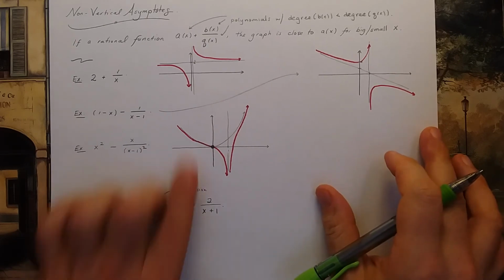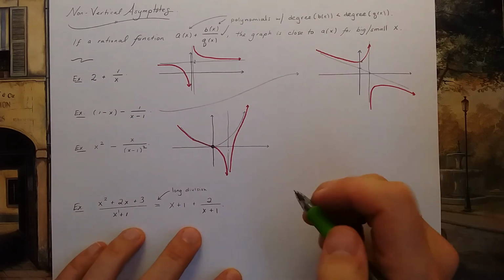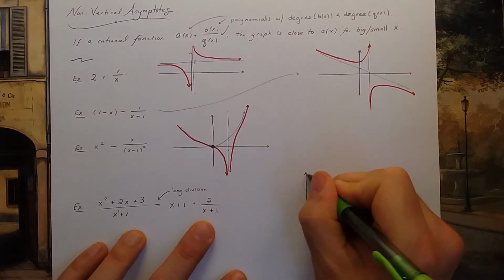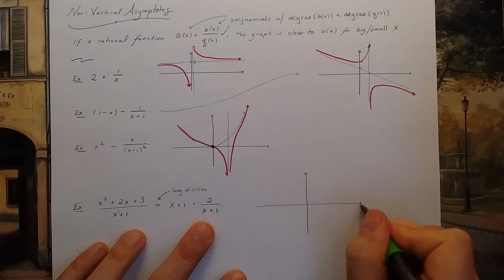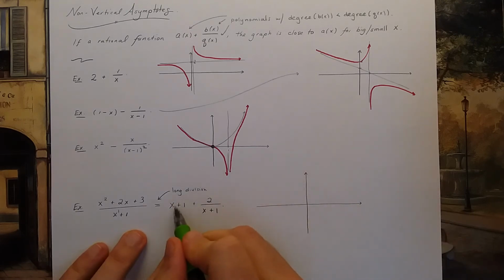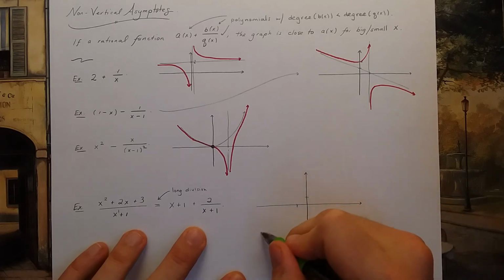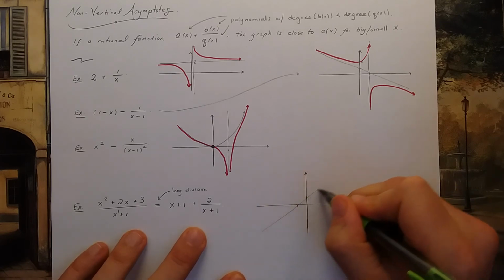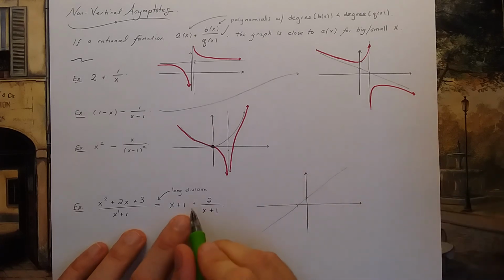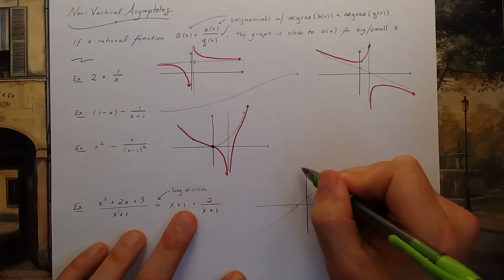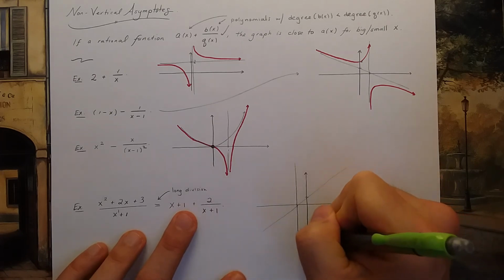Now I'm ready to use the logic I'm introducing in this video. I can start by sketching the graph of the function x plus 1. That is a diagonal line that goes like this. So there's the guideline, x plus 1. I have a vertical asymptote at negative 1, so I have a vertical asymptote here.